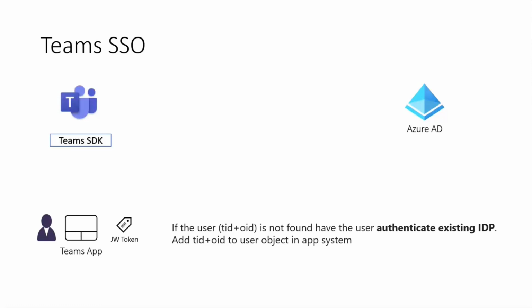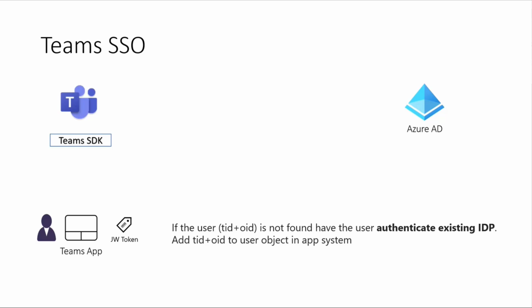What we need to do is make sure that we connect the system to a fully authenticated user in your current identity system. So you'll have to use the Teams Authentication API from the Teams SDK to provide a UI surface so that you can do that authentication for your user, since you were unable to identify them based on the tenant ID and object ID in your application.